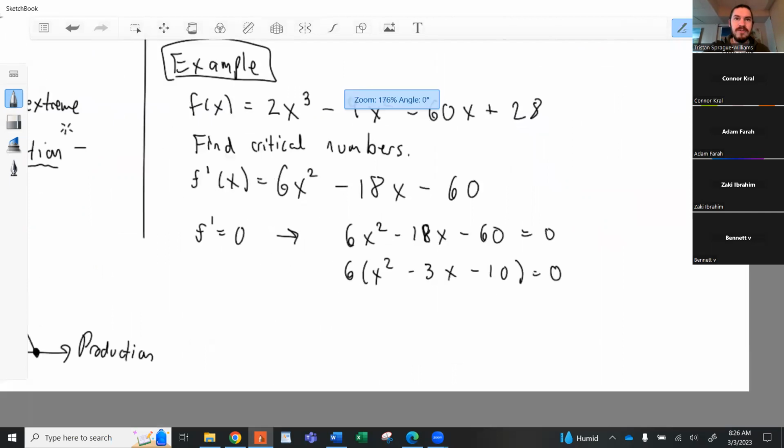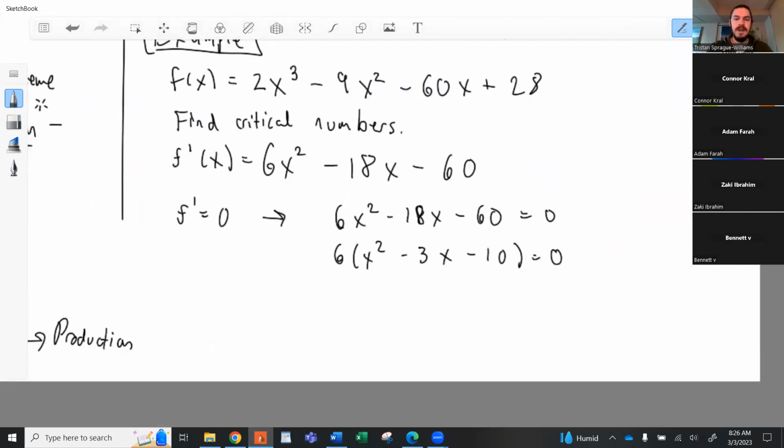So yeah, this factors. Okay, so review factoring. It's x minus 5 and x plus 2. Fantastic. x minus 5 and x plus 2. Good. So you'll be practicing your factoring skills this unit. Okay. And so then we have two solutions.